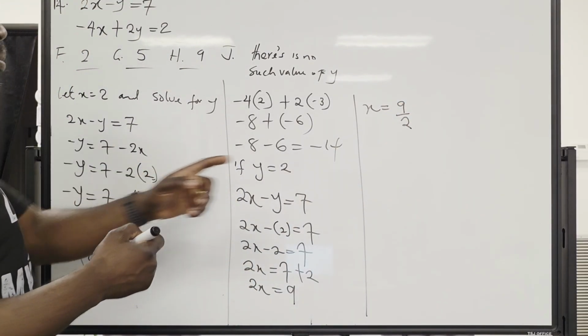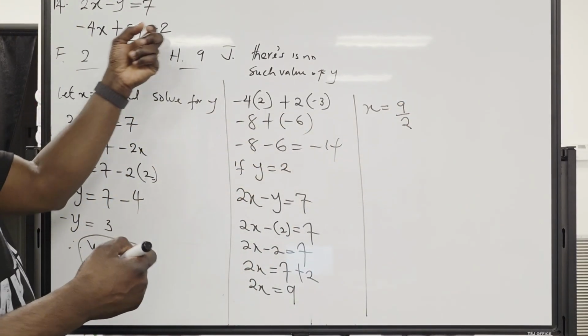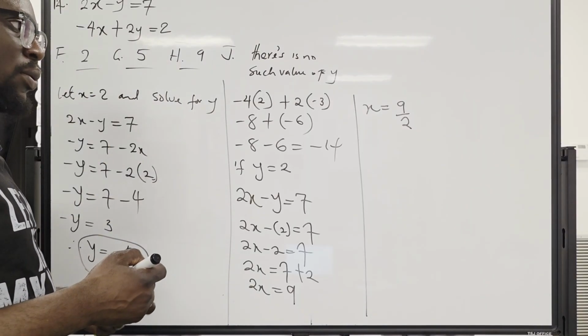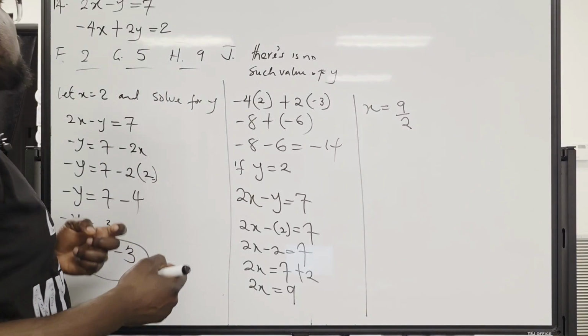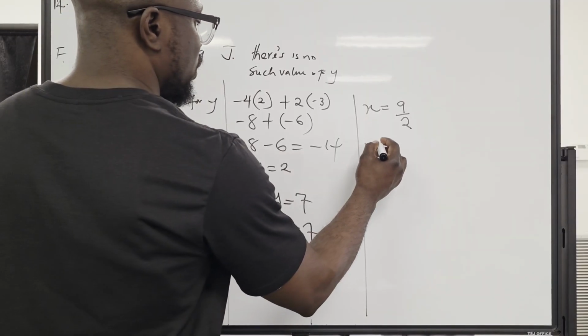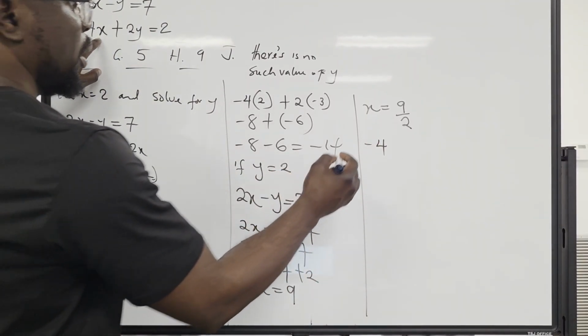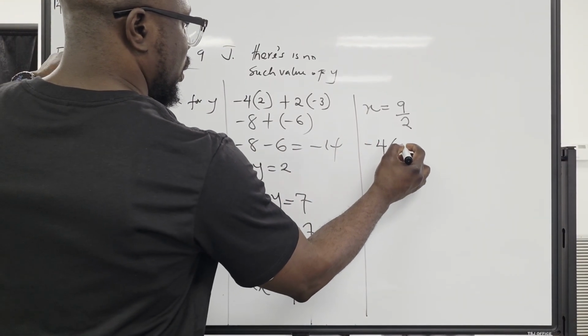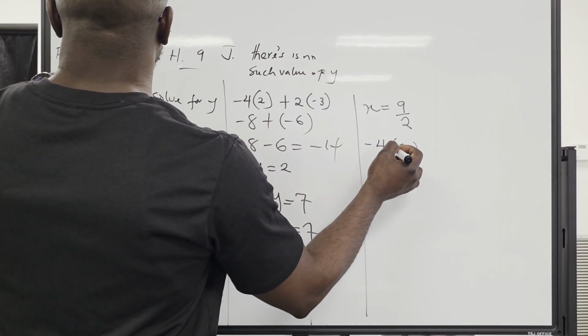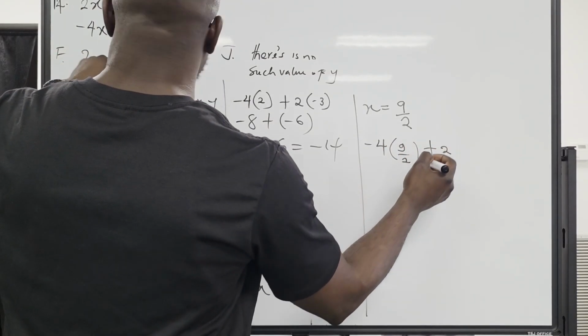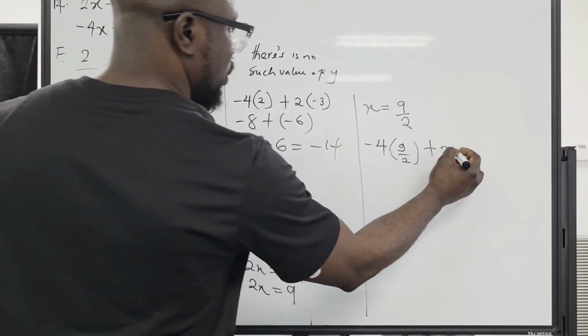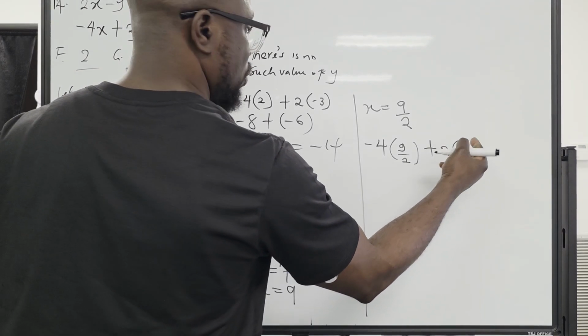The idea is if you plug this value in here, you should get 2. If you don't get 2, the value of y does not make sense. Let's do that right now. Instead of x, we have 9 over 2, plus 2 times y, where y is 2. That should give us 2, ideally.